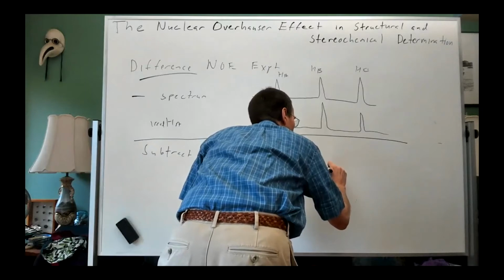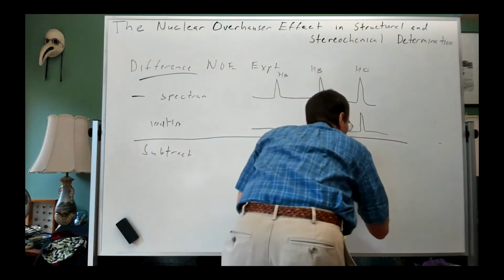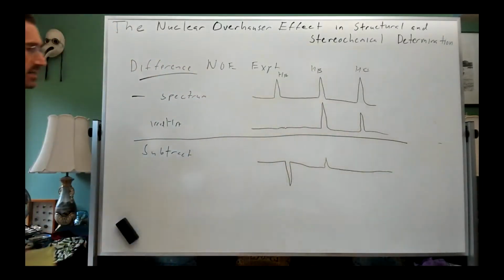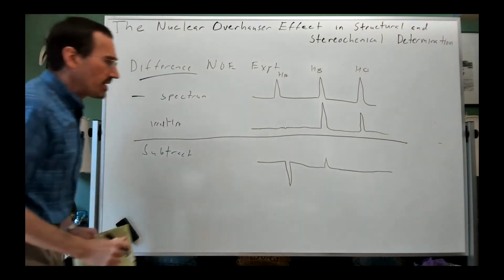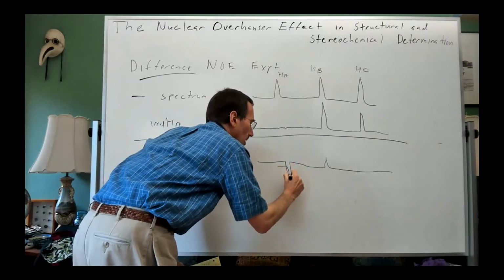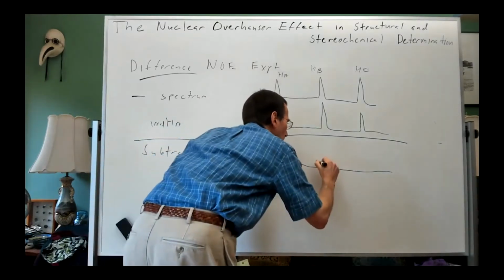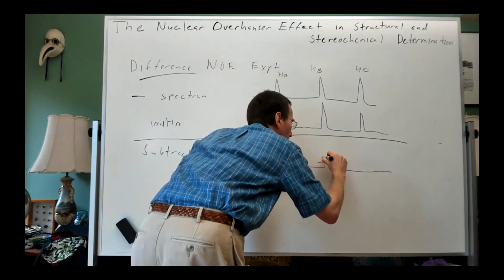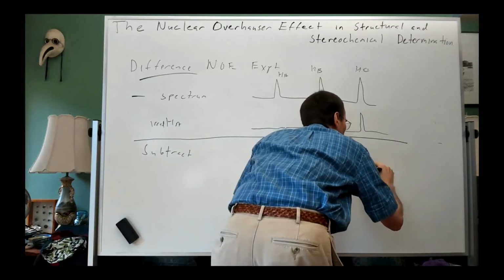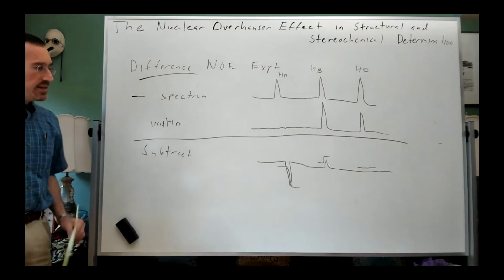The difference on HB is a small residual, and the difference on HC is nothing. And you would probably slap an integral on this, like so, to measure the amount that it's gone up. And you'd see something like this.